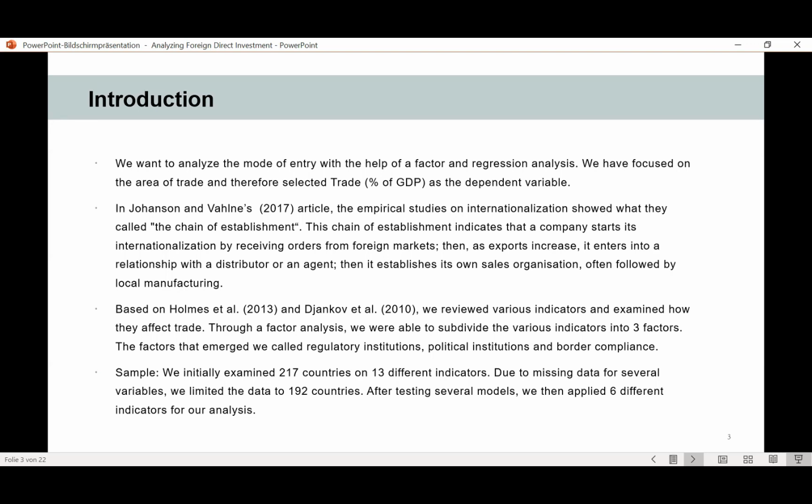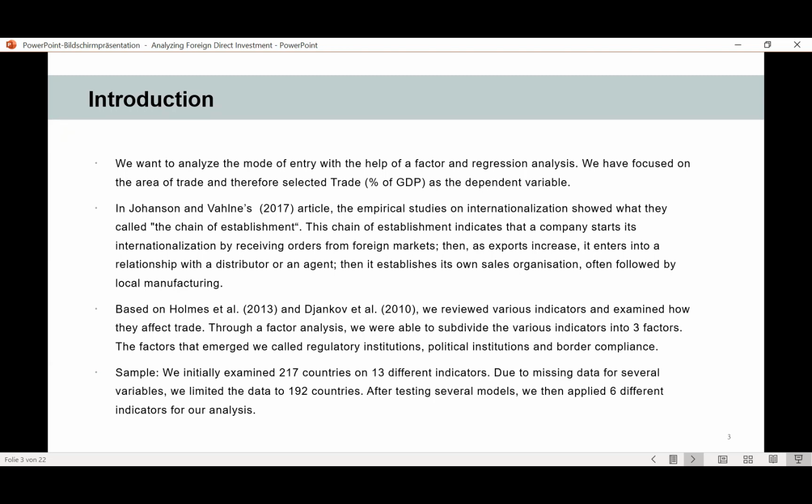This chain of establishment indicates that a company starts its internationalization by receiving orders from foreign markets. Then, as exports increase, it enters into a relationship with a distributor or an agent. Then it establishes its own sales organization, often followed by local manufacturing. So in our assignment, we wanted to start right at the beginning, at the stage of trade.